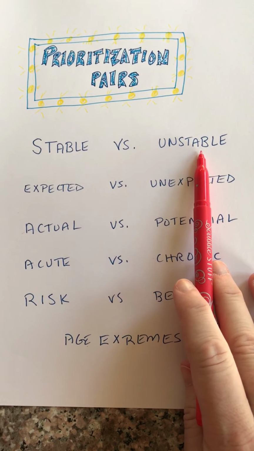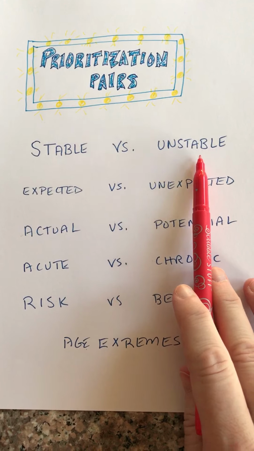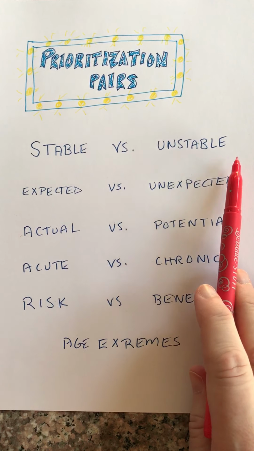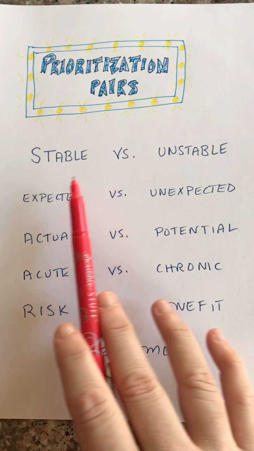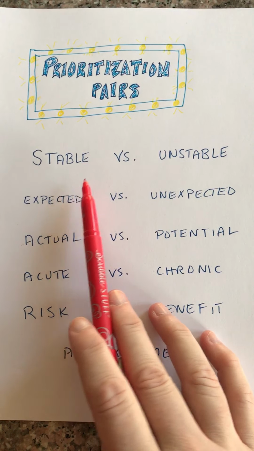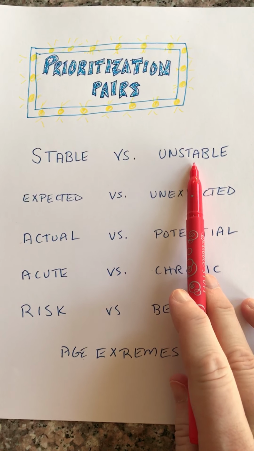Versus the unstable patient whose blood pressure is low, their heart rate's fast, they're breathing fast, their O2 sat's low. So when guiding my choice between going to see one patient or the other, I'm going to go see the unstable patient first. There's no question.